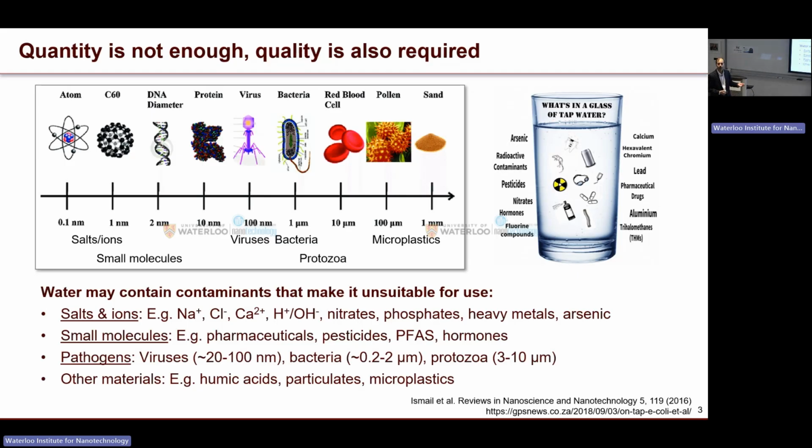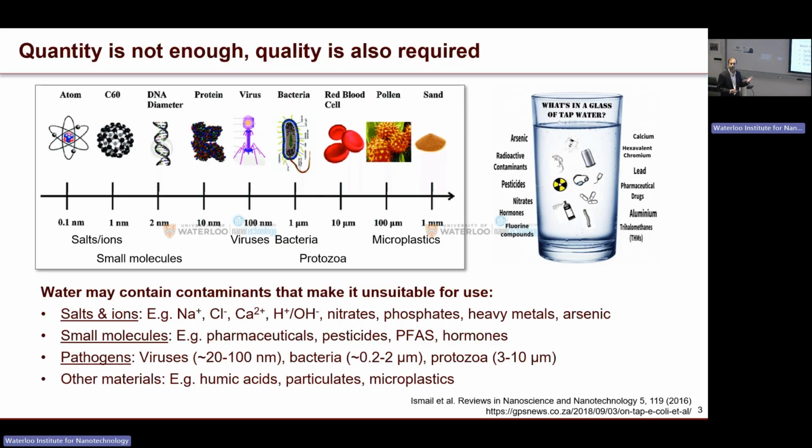So these may be salts. If water is scarce, maybe seawater is plentiful, but then it has salt, you have to remove the salt. So then quality becomes an issue, and that can unlock more water sources. And so we have a lot of salt and ionic contaminants. We have small molecule contaminants. These days, there is increasing regulation on the perfluorinated alkyl substances, or PFAS.